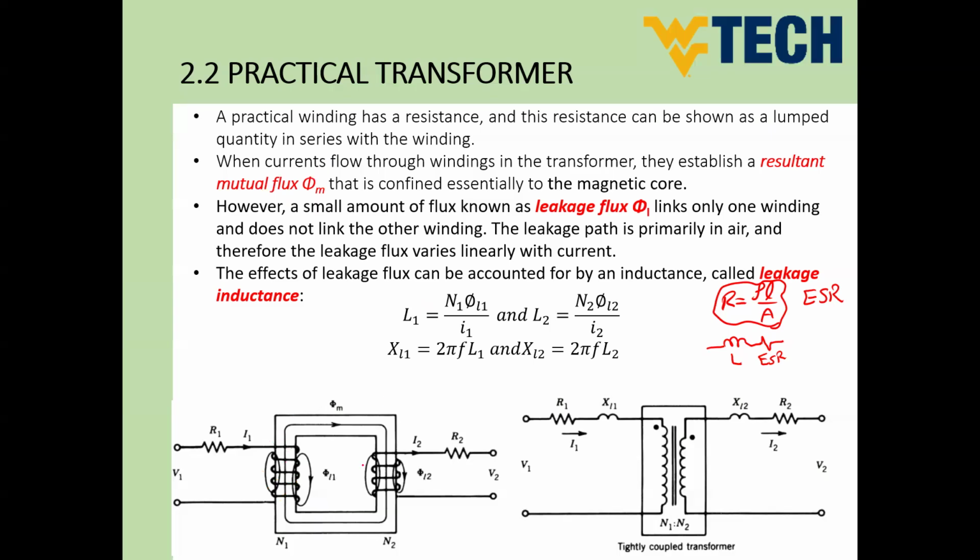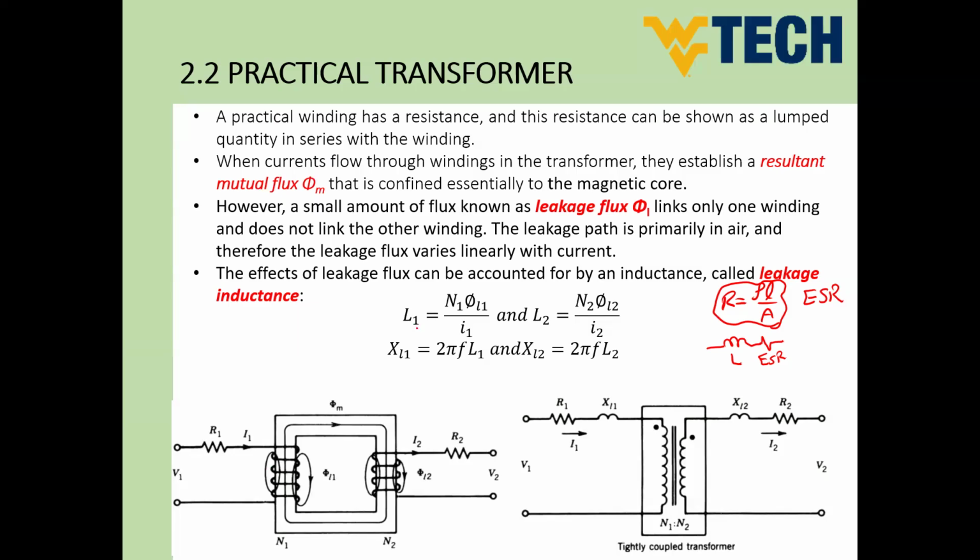So the linkage flux is the useful flux that will transfer the power between primary and secondary. However, the leakage flux here, guys, will be representing the leakage inductance. So you have now two inductances, L1 and L2, which are the leakage inductances, depending on the leakage flux.